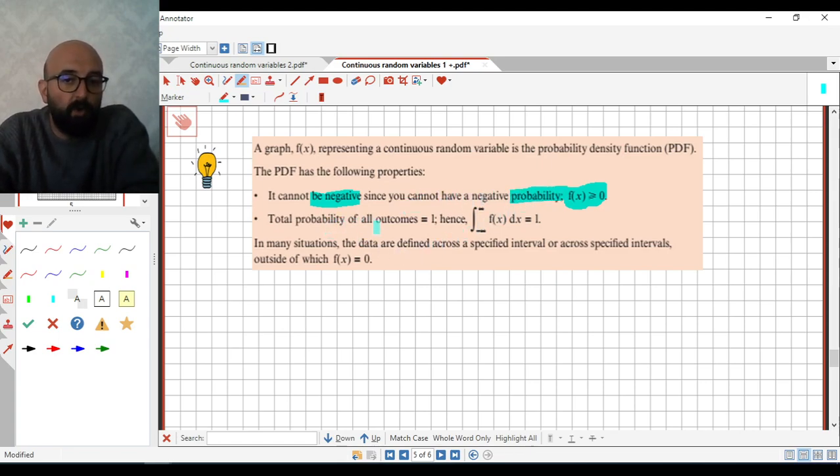And the probability of all outcomes is 1, so the integral from negative infinity to positive infinity equals 1 every time. In many situations, the data are defined across a specified interval or intervals, outside of which f(x) becomes 0.